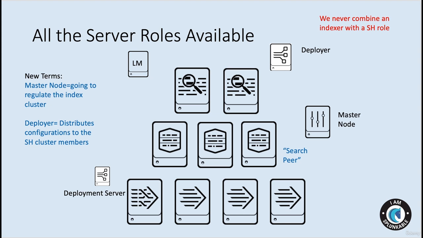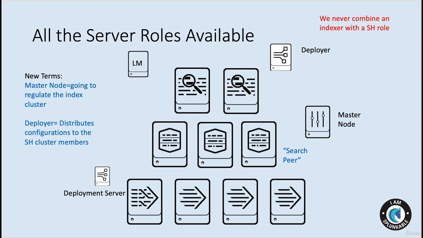You also have your deployment server on the bottom left there. This is going to be your basic server that manages all of the configuration files for your deployment clients, which are all of your forwarders out in your environment, whether those are heavy forwarders or universal forwarders.